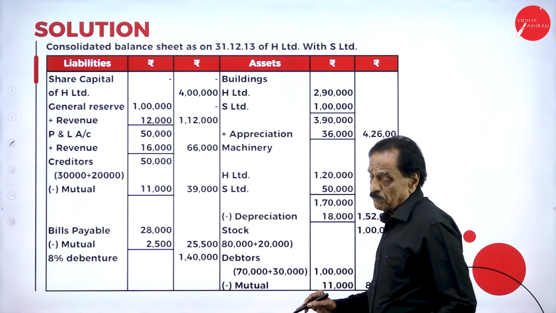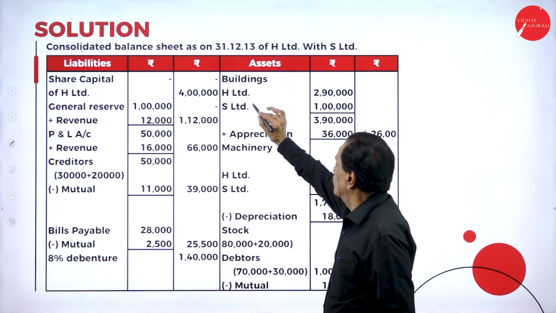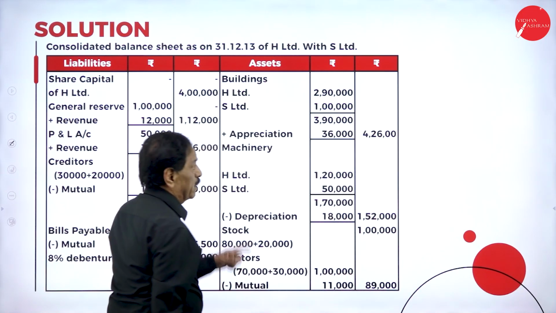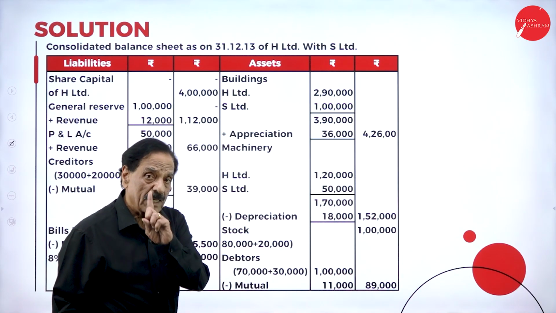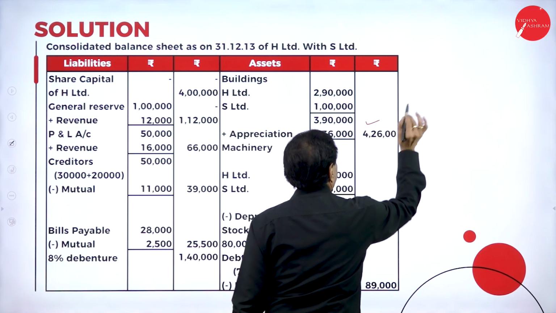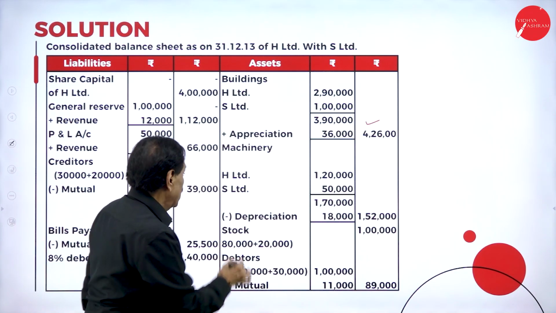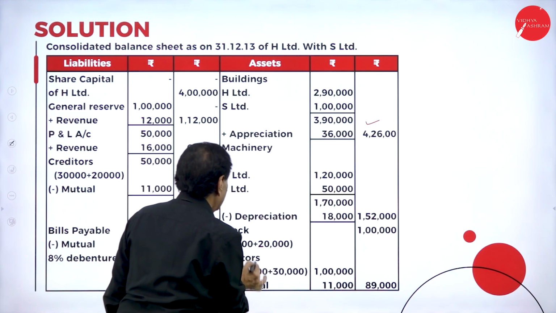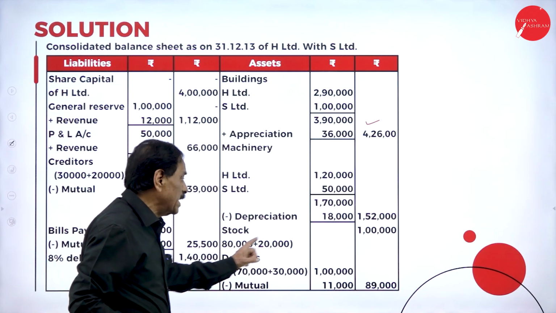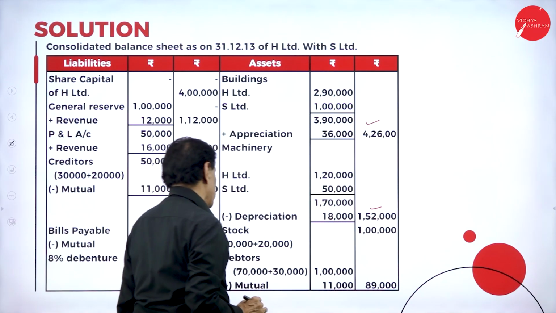Now come back here. While preparing the consolidated balance sheet, building: H Limited 2,90,000, S Limited 1 lakh, totally 3,90,000, appreciation of 36,000, it becomes 4,26,000. Regarding the machinery, H Limited 1,20,000, S Limited 50,000, 1,70,000 minus depreciation 18,000, it becomes 1,52,000.